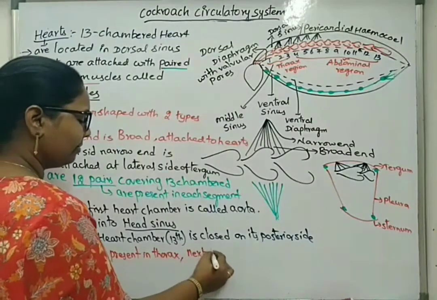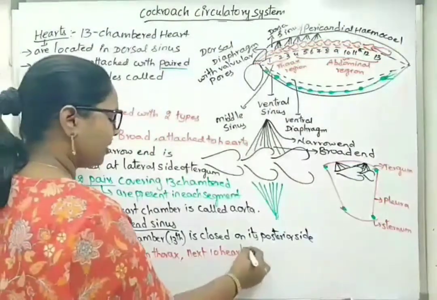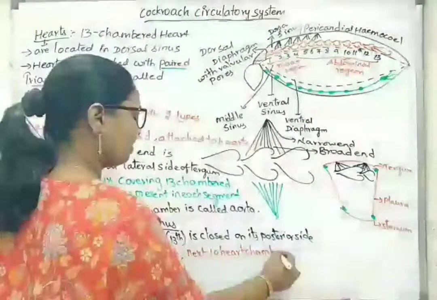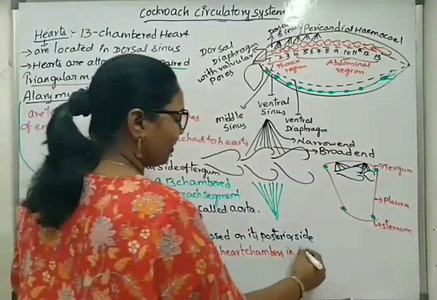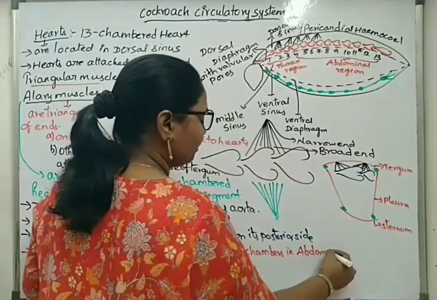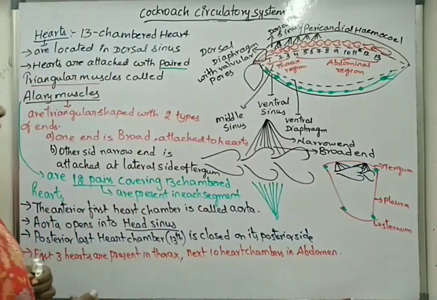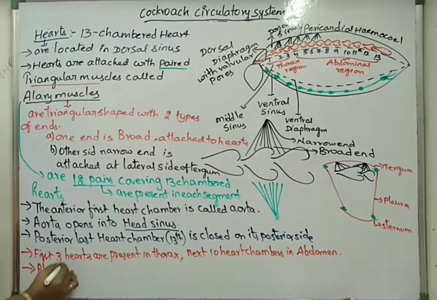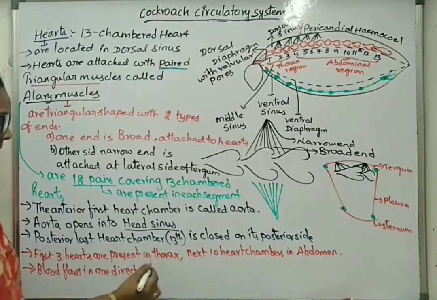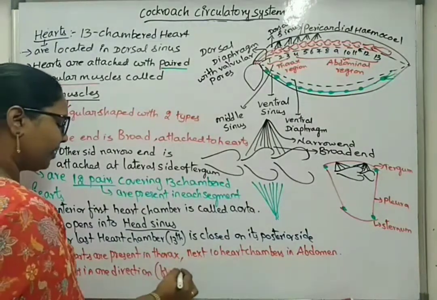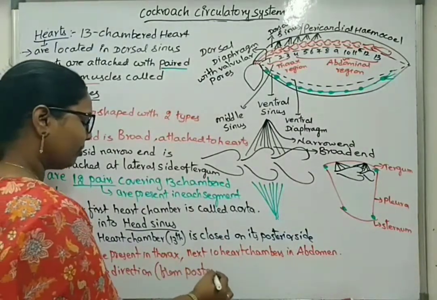Next 10 heart chambers in abdomen. Here blood flows in one direction. This is very important, that is from posterior to anterior only.